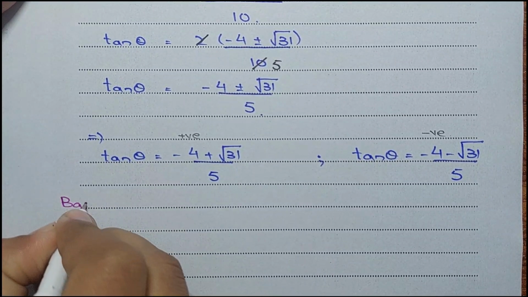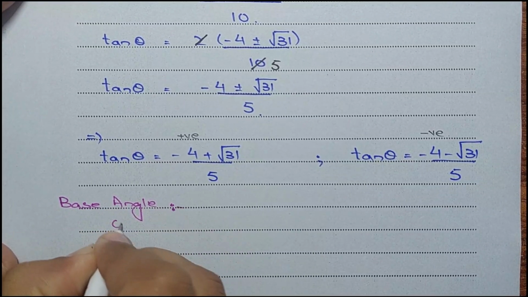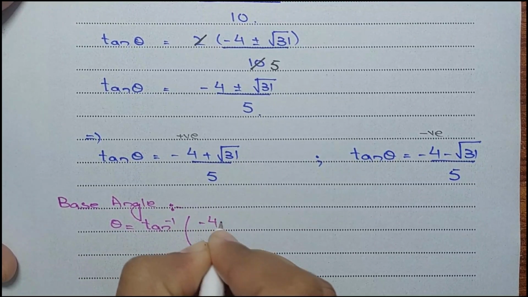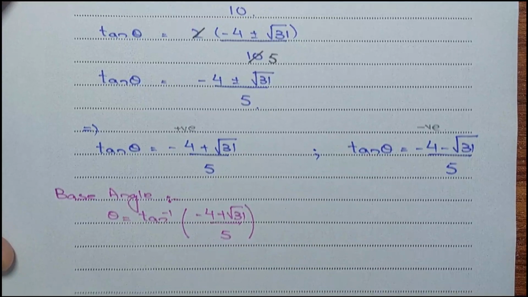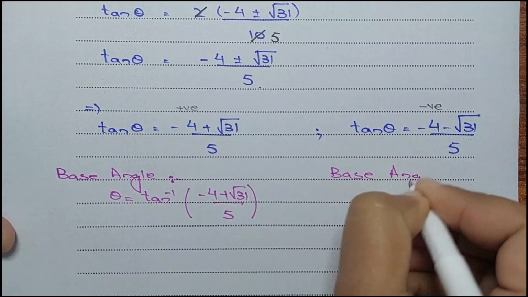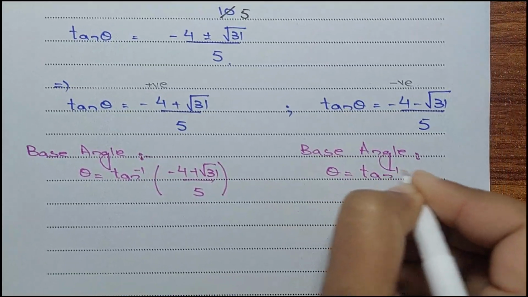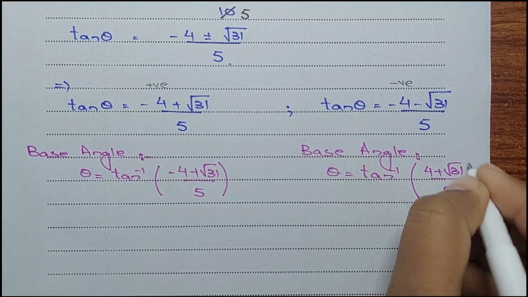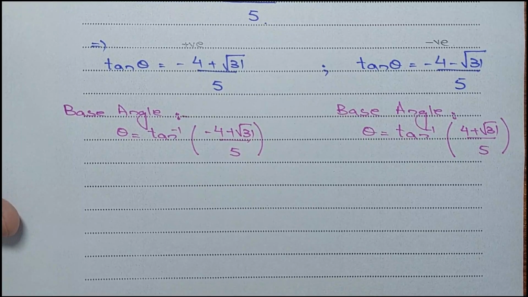Okay, so the first thing is to figure out the base angle. So for the base angle, we can do theta equal to tangent inverse of minus 4 plus square root of 31 divided by 5. And the base angle in this case is theta equal to tangent inverse of, we have to consider the positive 4 plus root 31, positive 4 and positive root 31, because for the base angle we are not considering the negative sign, right?